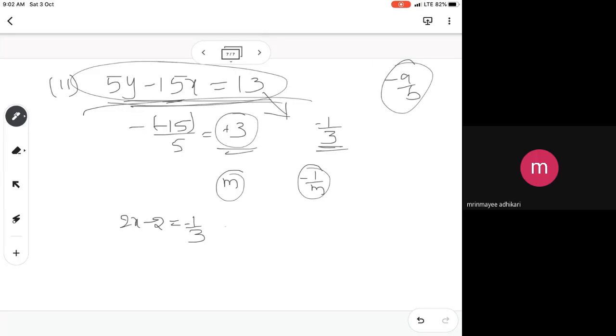So equate it to minus 1 by 3, then find out the x value, and substitute that x value in the given equation, not here. A general mistake done by students is that after getting the x value, they substitute it here and find the y value. That is wrong. That x value has to be substituted in the given equation, isn't it?